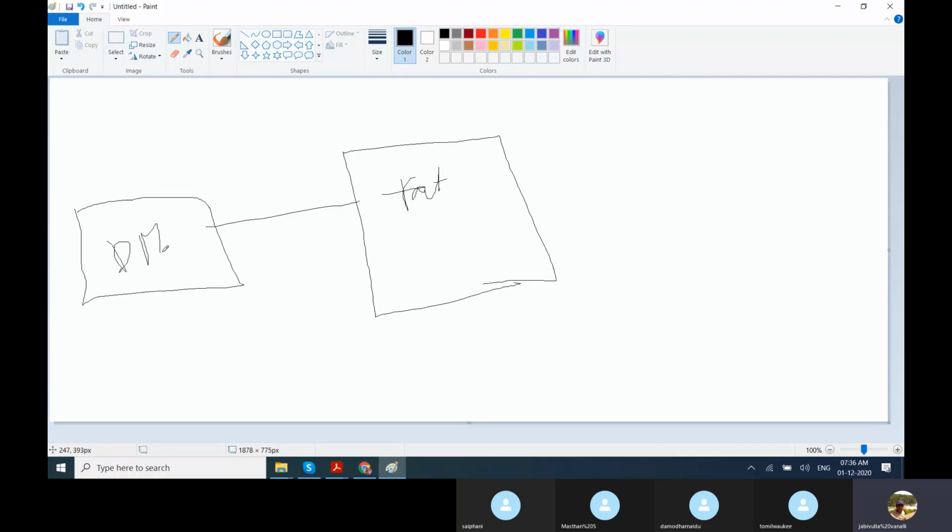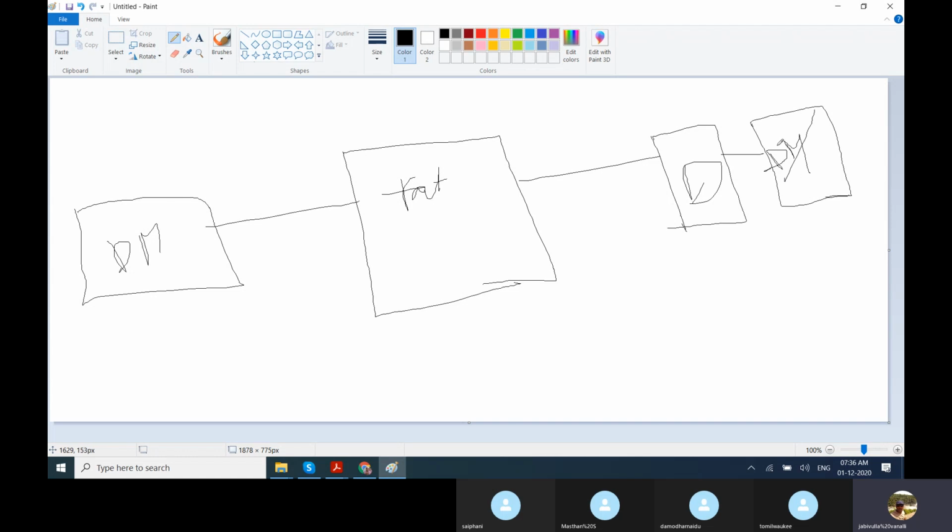This is a dimension table. This is a dimension table. Here again we have one more dimension table. So now it is called snowflake.